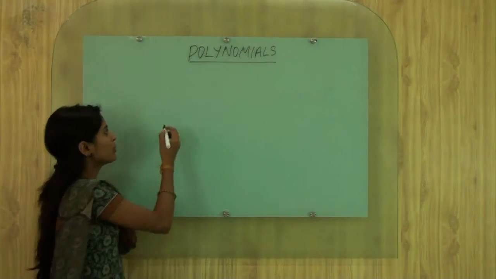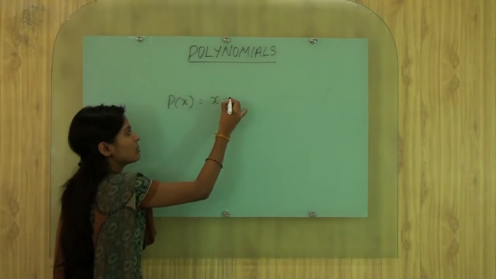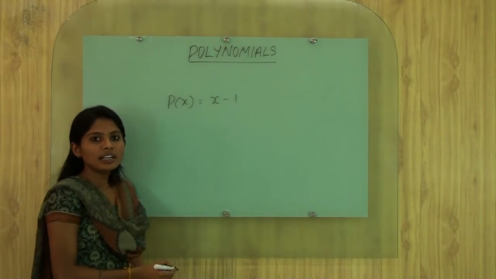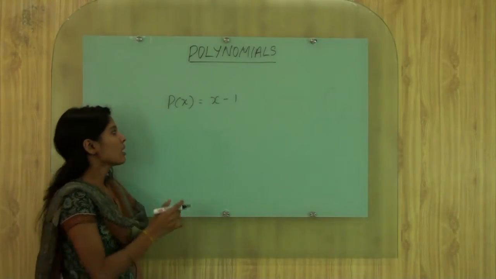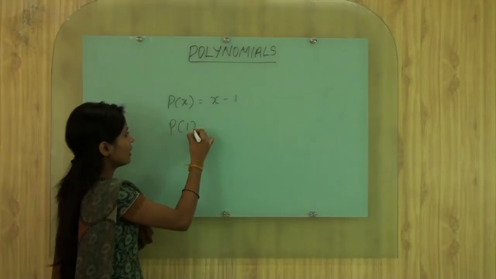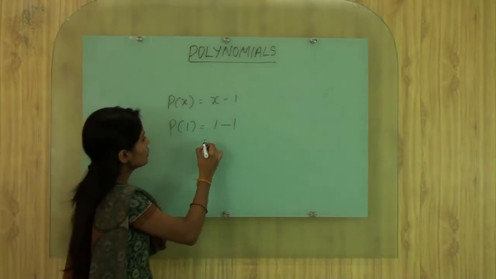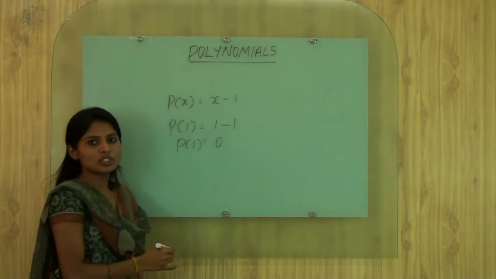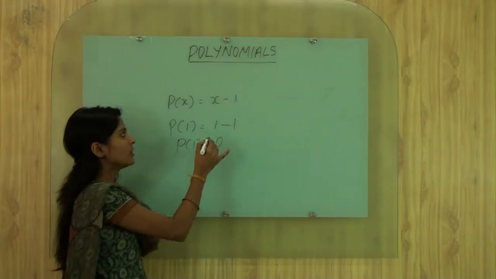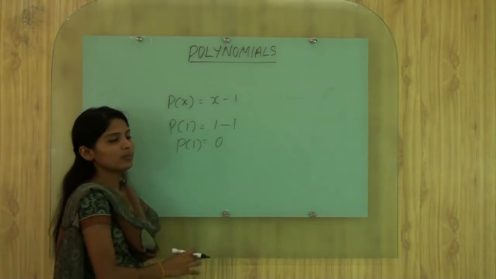Consider a polynomial p of x is equal to x minus 1. Let's substitute 1 for x. P of 1 is equal to 1 minus 1, which is equal to 0. On substituting x is equal to 1, we got the value 0.